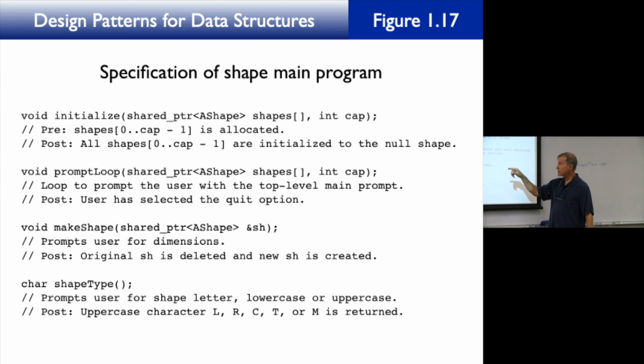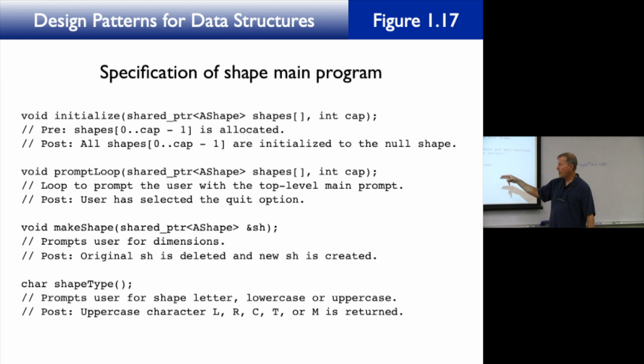So what is shapes? What kind of structure is it? Can you tell, what does a square bracket mean? Yeah, it's an array. So there's an array of shapes. And the postcondition is that all shapes[0..cap-1] are initialized to the null shape. So that's what initialize does. We'll see the code in a minute for how it does it.